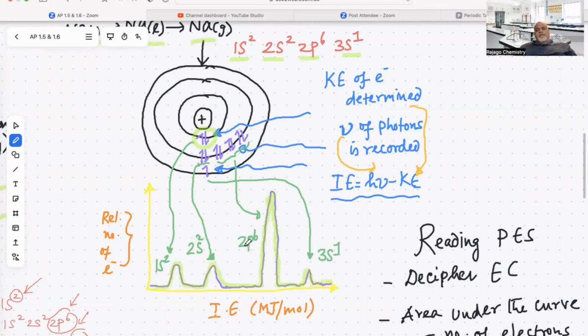So this tells us how many orbitals there are. This 1 electron is 3s1, then the 6 electrons, then these 2 electrons, and then these 2 electrons. So 3s first, 2p6, 2s2, and 1s2.